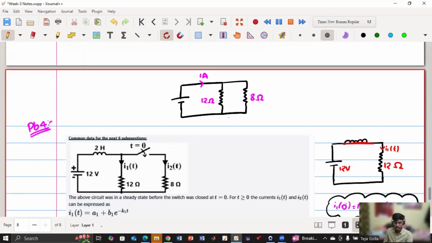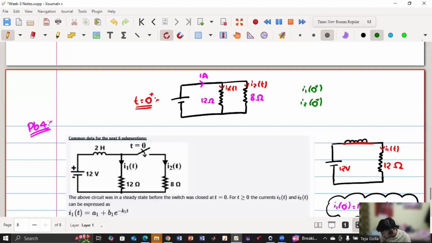At t equals to 0, the inductor current just after closing the switch. Yes, sir. Now, what is I1 of t and what is I2 of t? So this is the event at t equals to 0 plus, not before closing the switch, but after closing the switch. So now what is the value of I1 of 0 plus and I2 of 0 plus?